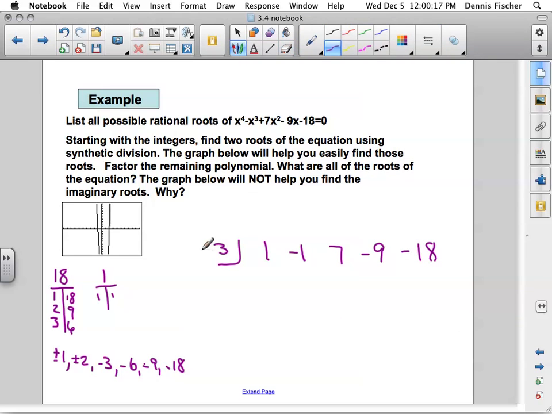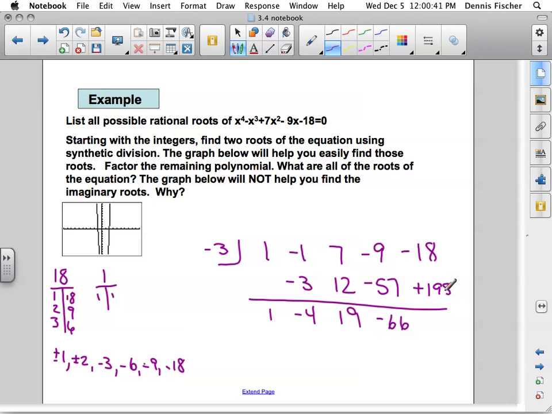Negative 3 times 1 is negative 3, plus 1 is negative 4. Then 12, 19, negative 57, negative 66, positive 1, 98. We're not good.